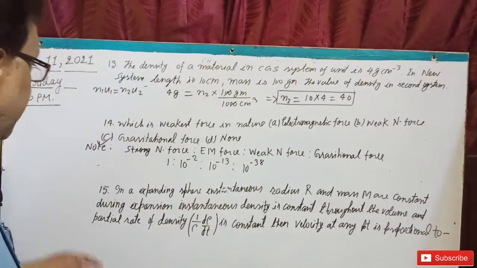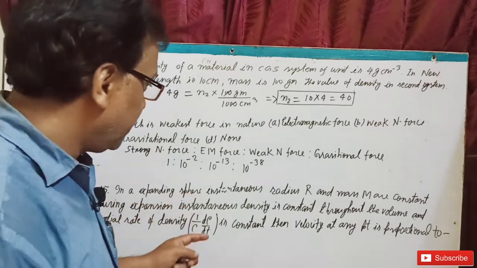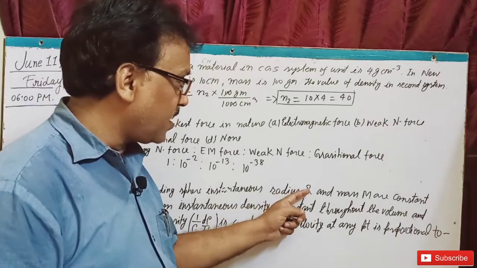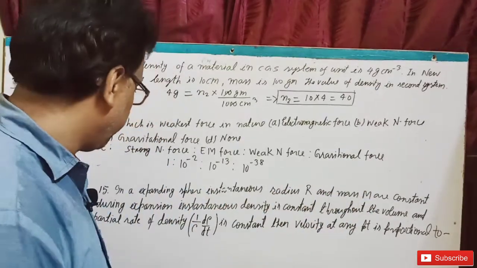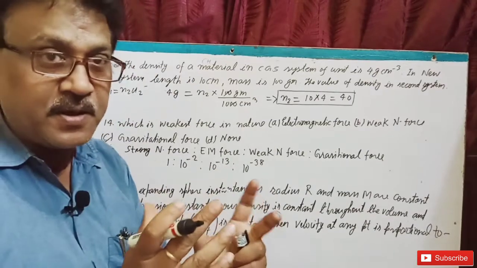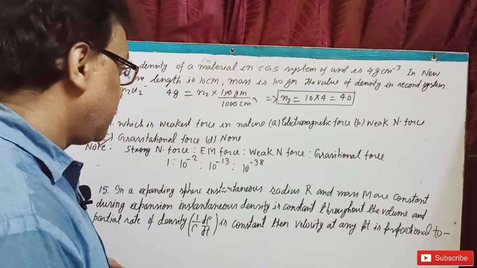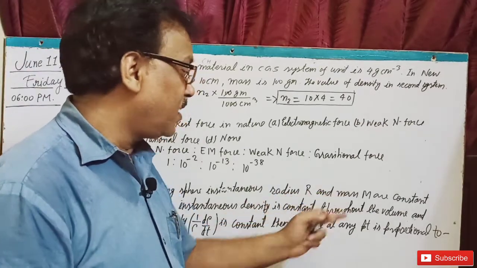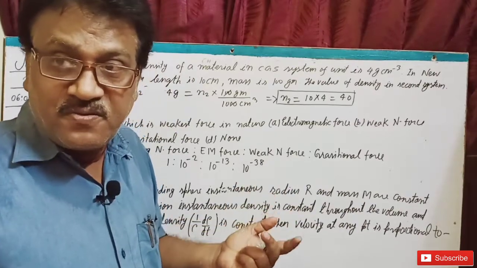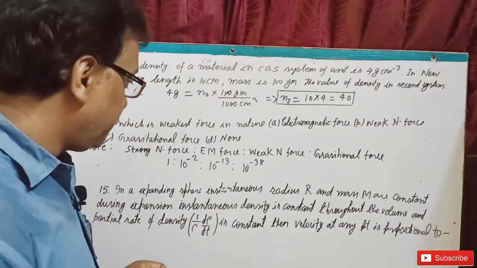Now, the next question: in an expanding sphere, instantaneous radius r and mass m are constant. There is a sphere that is expanding, like our earth, and radius r and mass m are constant, but mass and radius should be constant during expansion.